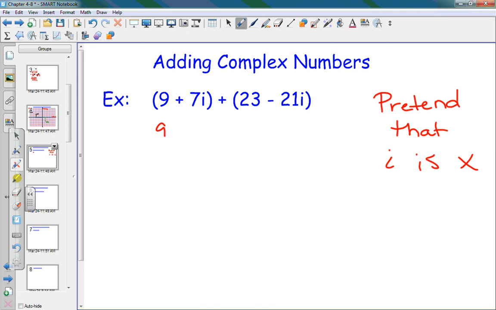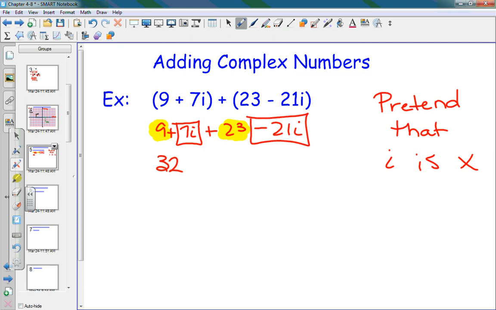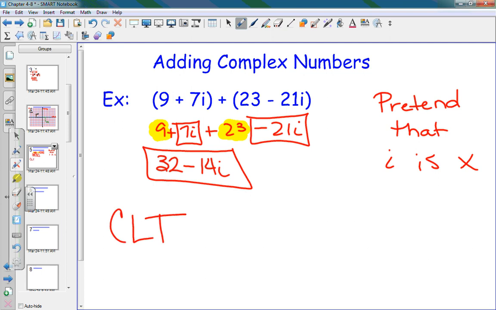I drop the parentheses, and I'm going to combine like terms. My first like terms are 9 and 23. Well, what is 9 and 23? It is going to be 32. And then I'm going to combine the 7i minus the 21i. And what does that give you? That's going to give you minus 14i. Very easy, right? You just simply drop it, pretend that's an x, and you combine like terms. CLT is the key here.